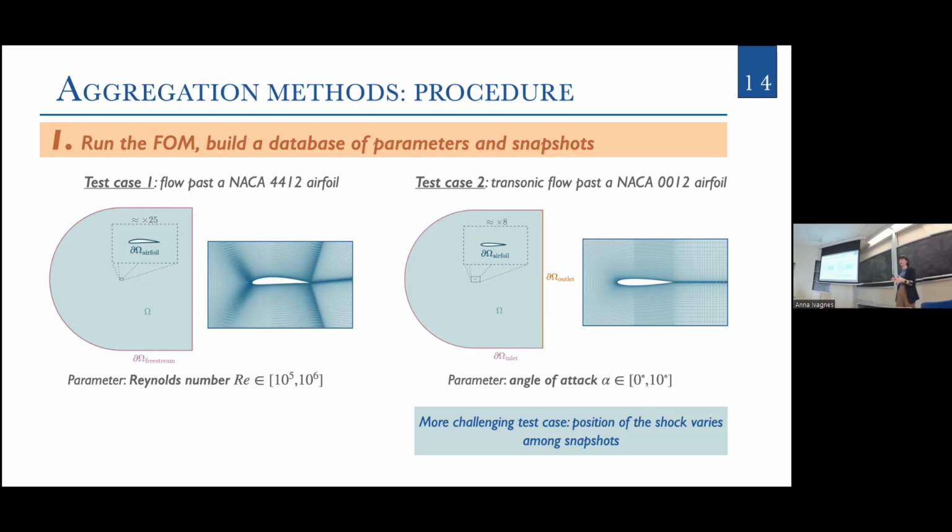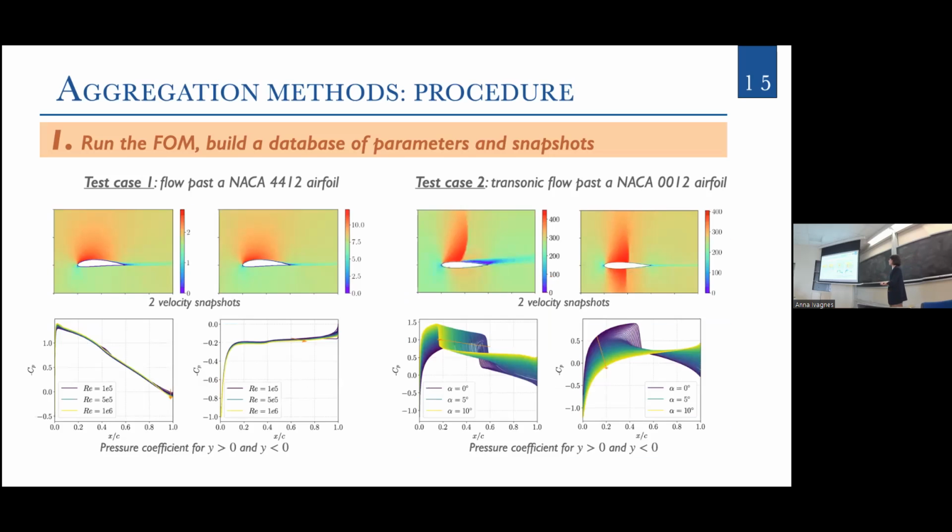So we are close to Mach number one, and it means that there are shocks, discontinuities, and it introduces a little bit of difficulty in our model. And moreover, the parameter in this case is the angle of attack. So basically, it is the incidence, the inclination of the inlet velocity that you have. So I would say that this is a more challenging test case, but we will see also later.